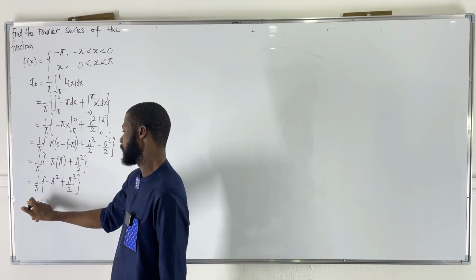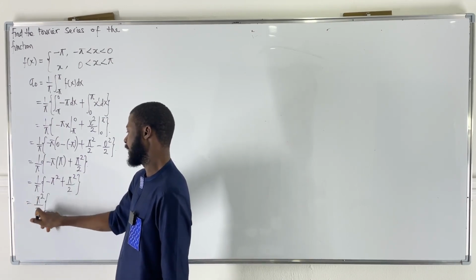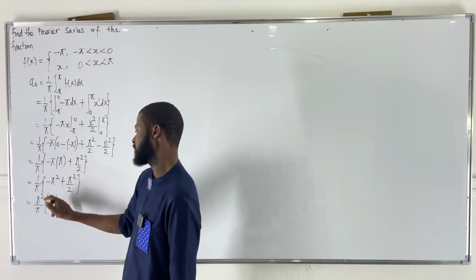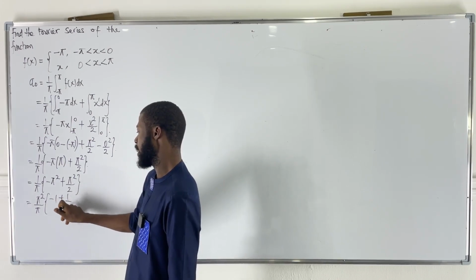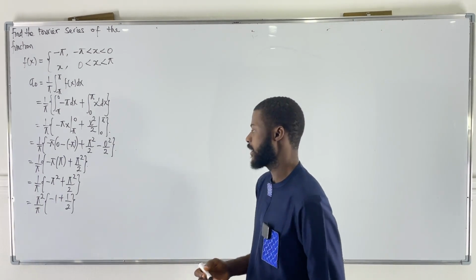So this will then become pi squared over pi, and then this is minus 1 because I've brought out pi squared, I've factorized it out. Then plus 1 over 2.